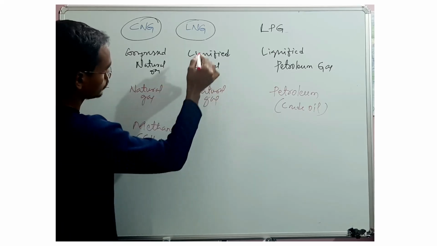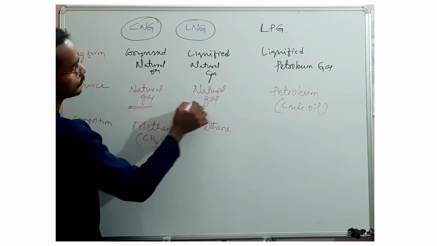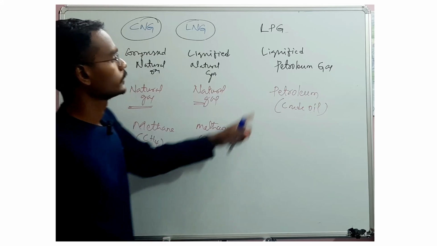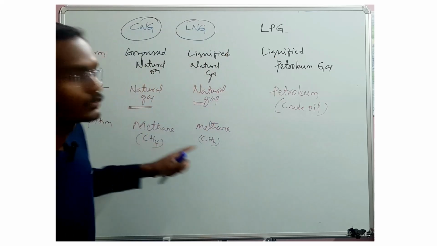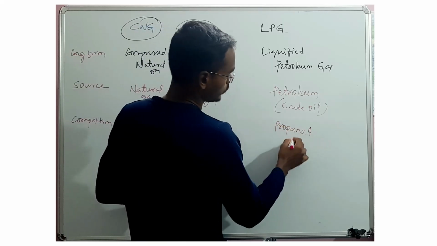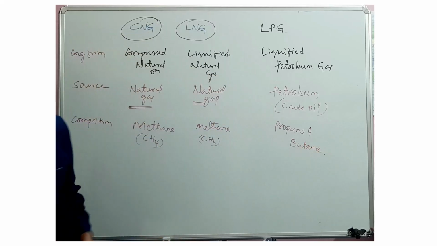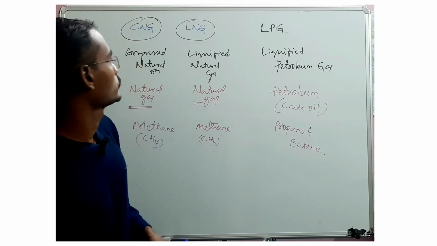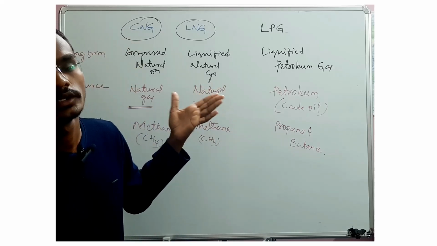The composition for this is also methane, because both are from the same natural gas, CH4. Then for LPG, the composition is propane and butane. Again, that's all about the differences between the three acronyms we use in our daily life.